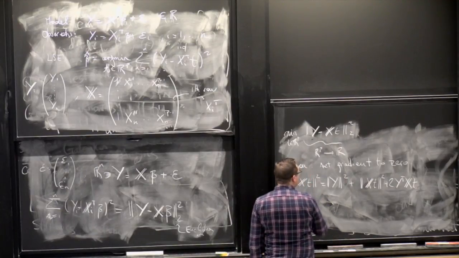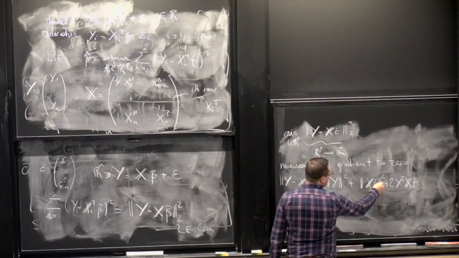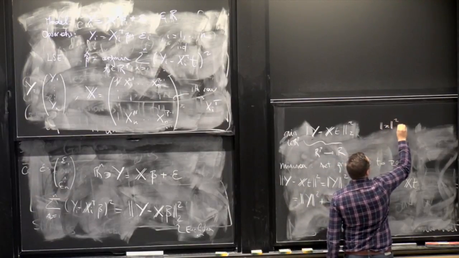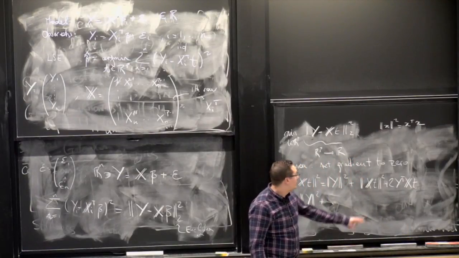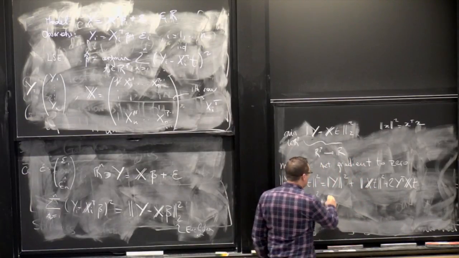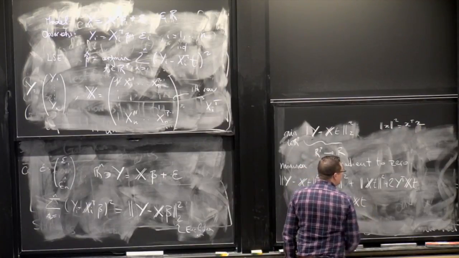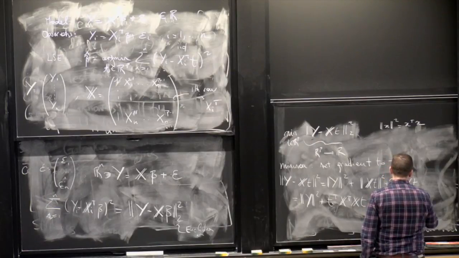And this I'm actually going to write as the norm of y squared plus, so here, the norm squared of this guy, I always have that the norm of x squared is equal to x transpose x. So I'm going to write this as t transpose x transpose xt plus 2 times y transpose xt.